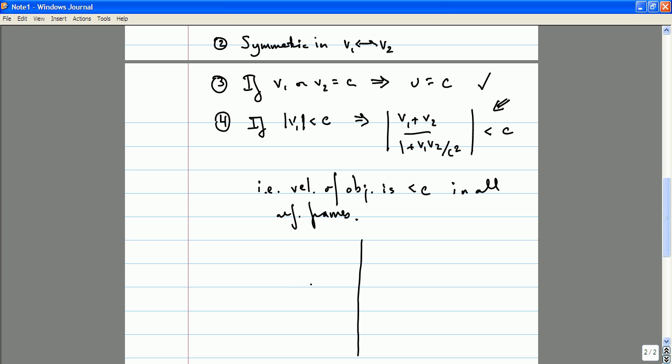So let me just sketch for you a graph of what this quantity u, which is v1 plus v2, divided by 1 plus v1 v2 over c squared, will look like as a function of v1 for some fixed v2. So as v2 varies from c to minus c, u will vary from c to minus c.